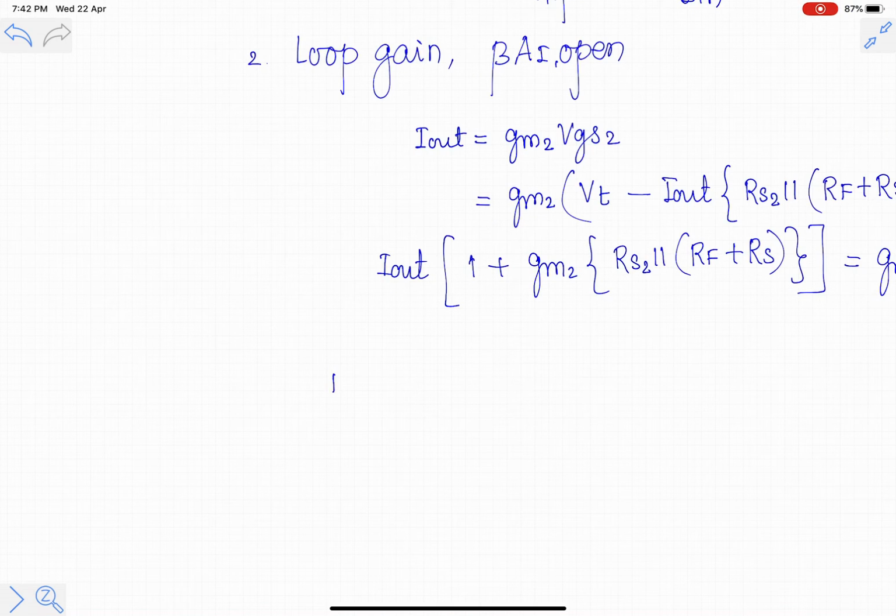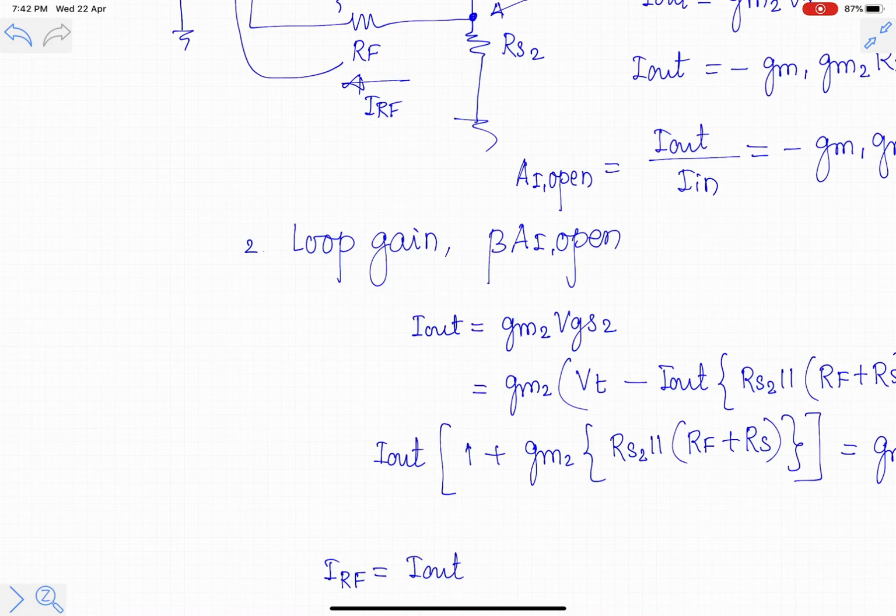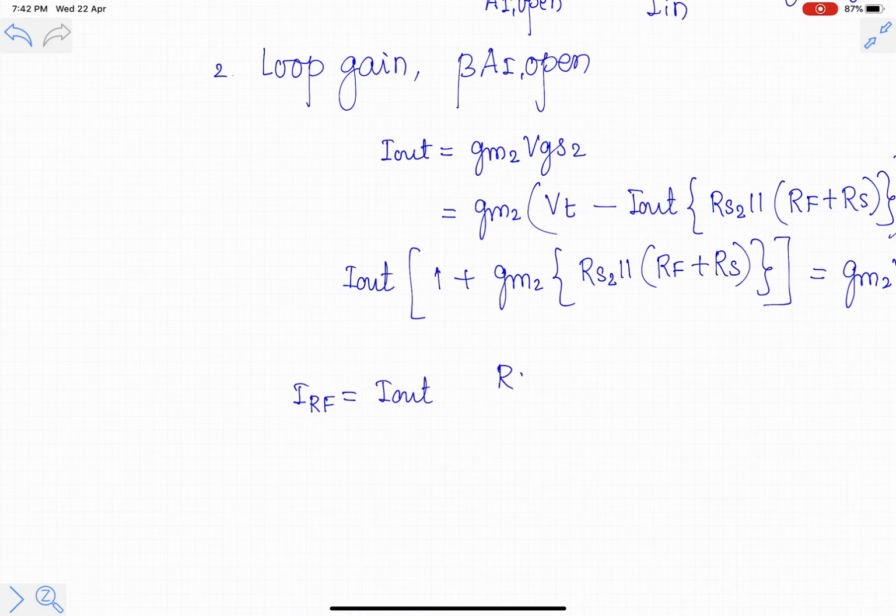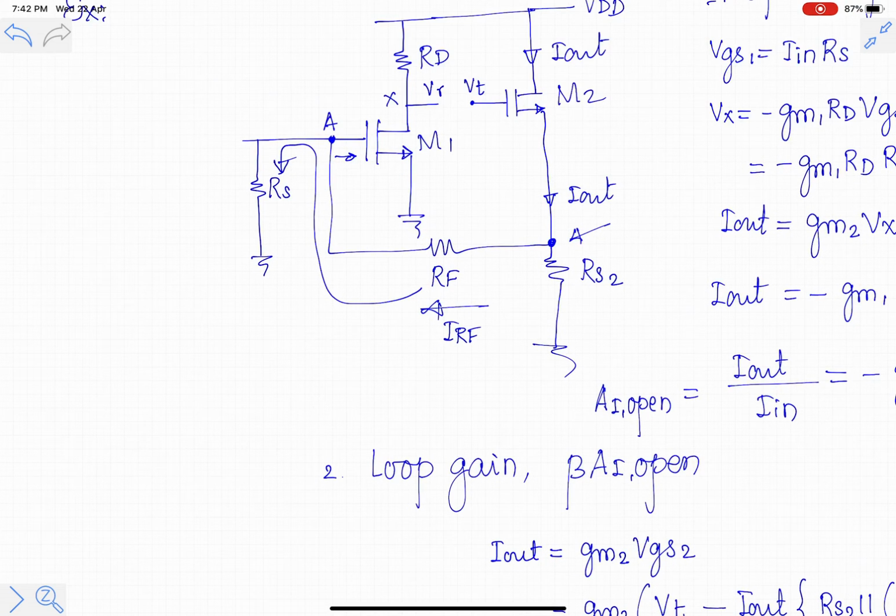So IRF is equal to I out into RS2 divided by RS2 plus RF plus RS. This is the current flowing through RF.